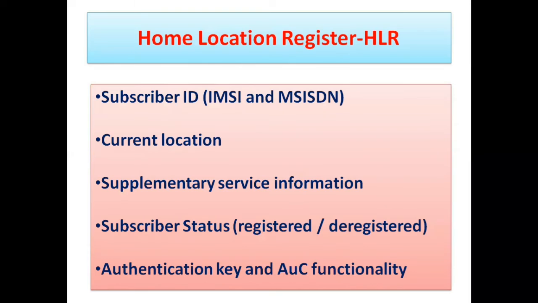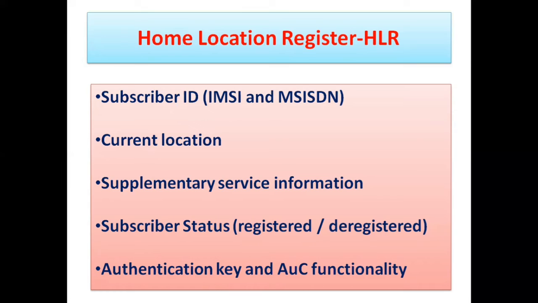Then HLR, home location register. The MSC is connected to the HLR. This HLR is a database which consists of subscriber unique identities, that is IMSI, International Mobile Subscriber Identity. Each user also has a directory number, for example 9449885.